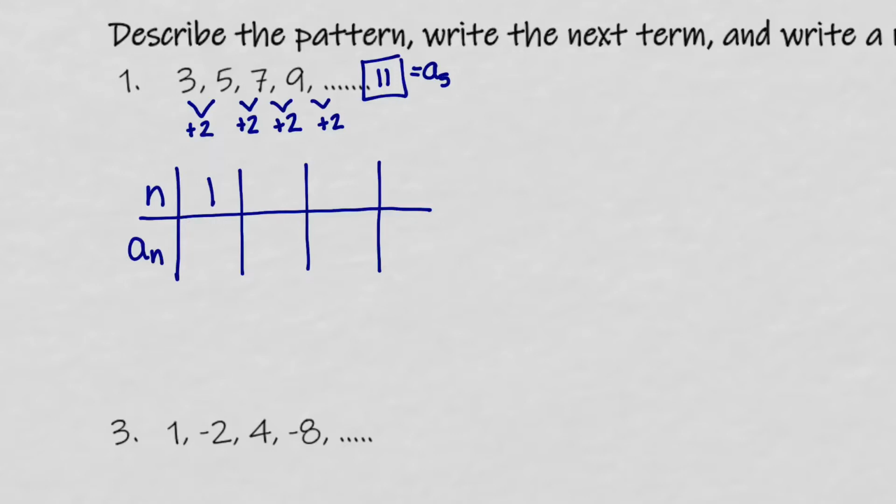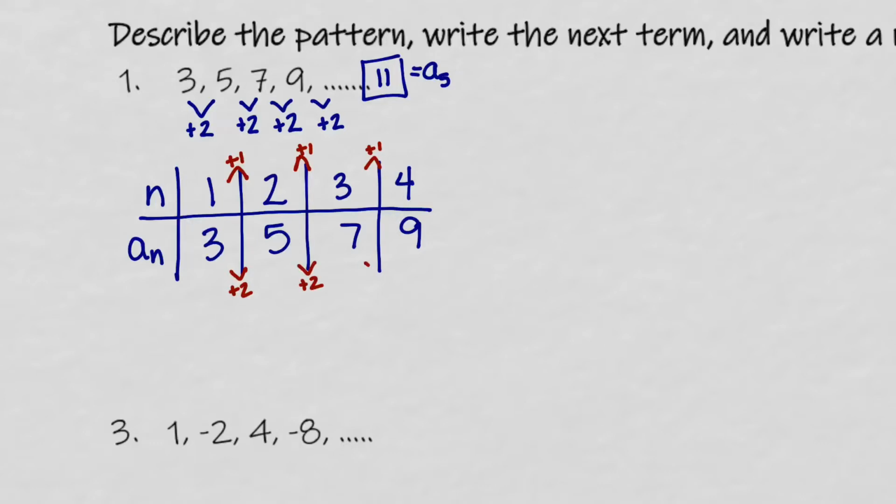Here it gave us 4 terms, starting with 3, 5, 7, 9. We need to look at the changes that are happening on each n and a_n. For n, it's adding 1 each time to get to the next term, obviously, because we're going in order: term 1, term 2, term 3, term 4. And on the bottom, it added 2.